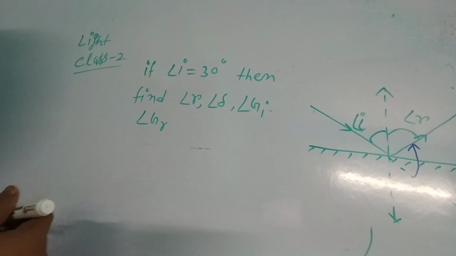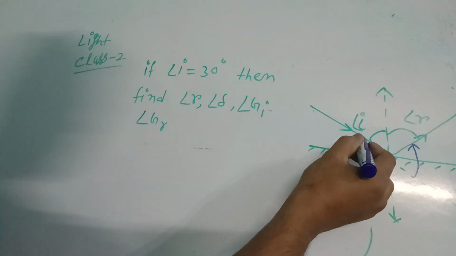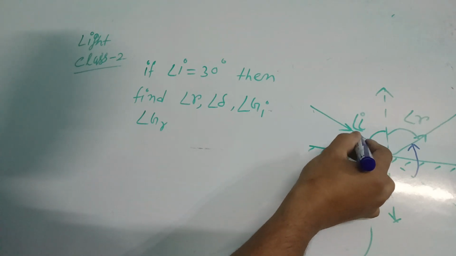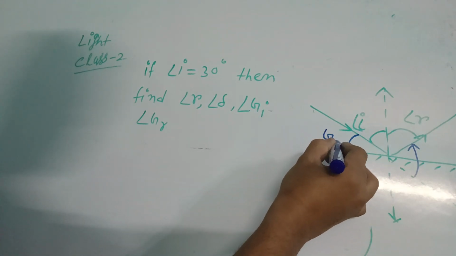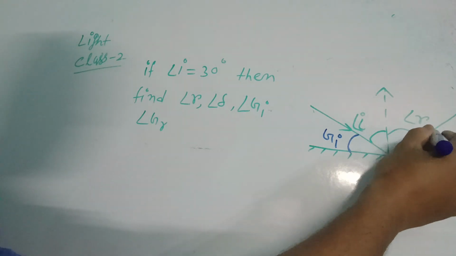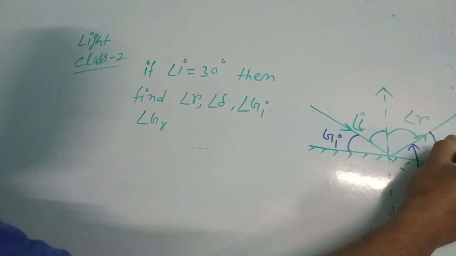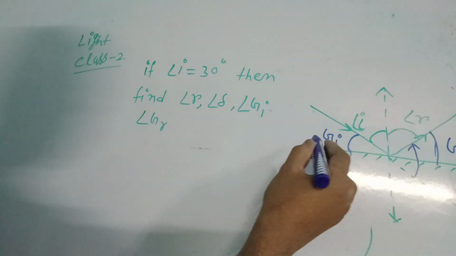Then your question, sir, what is GI and what is GR? GI is glancing angle of incidence. So this is called the glancing angle of incidence, GI. And that one, sorry, glancing angle of reflection.